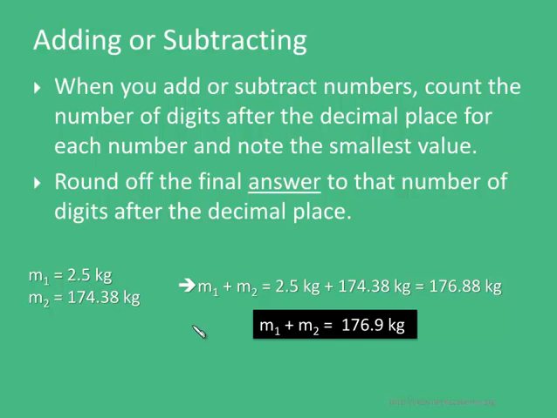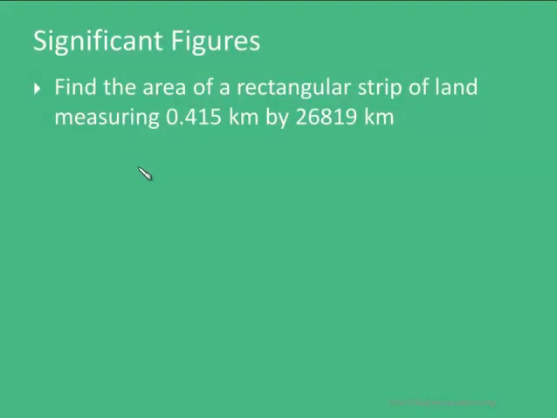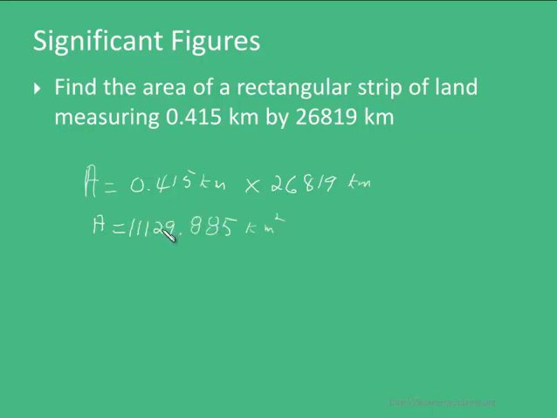So let's do some examples. Here we're given the task of finding the area of a rectangular strip of land, and these are the dimensions. As is usual, we calculate the area by saying 0.415 kilometers times 26819 kilometers. This gives us 11,129.85 kilometers squared.